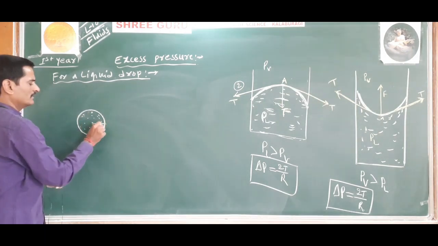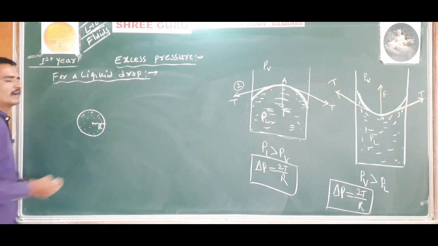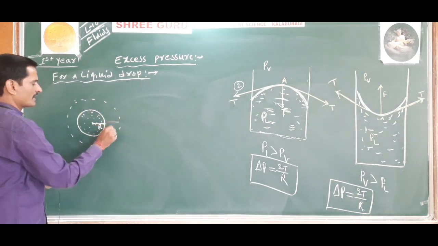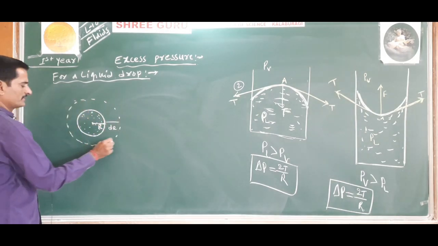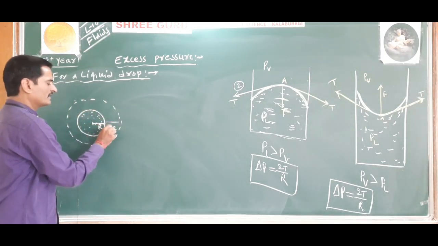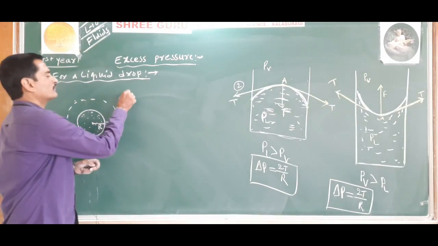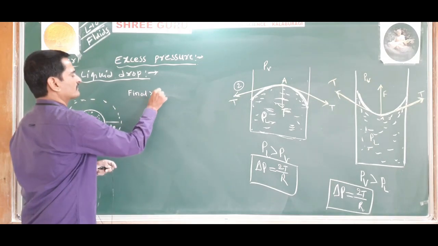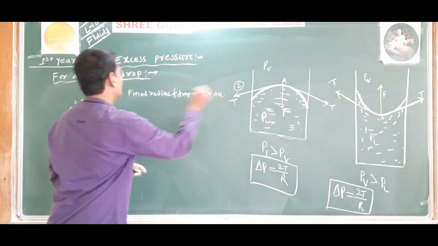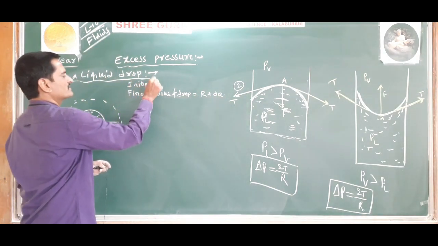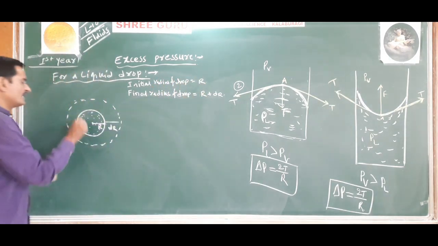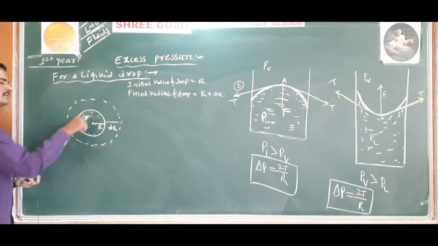Consider a liquid drop of radius R. Then the radius of the liquid drop is increased by a small amount dr, so that the final radius of the drop is R plus dr, and the initial radius of the drop is capital R, and let T be the surface tension of the liquid.